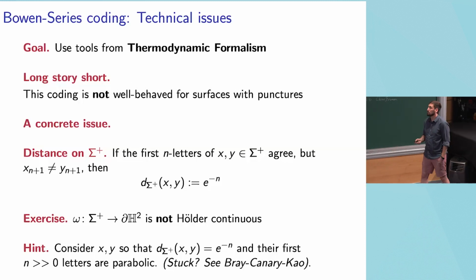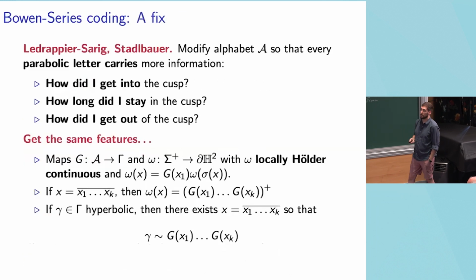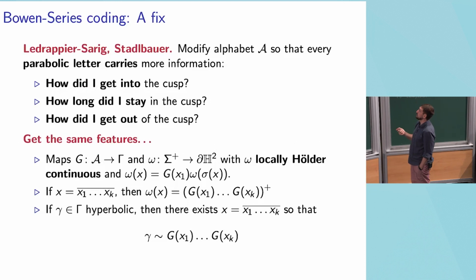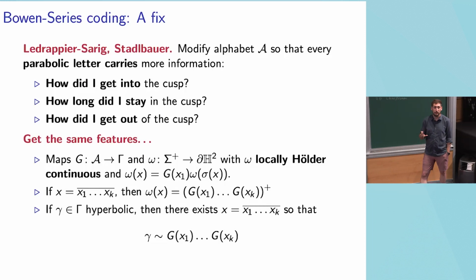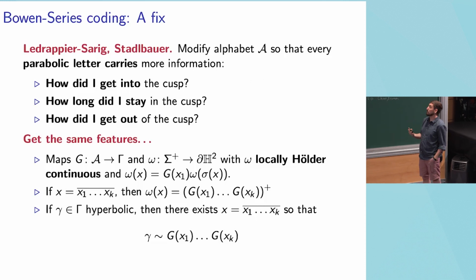Okay? So there are some issues, but there's also a fix. And this goes back to work of Ledrappier and Stratmann. The idea is that the problems come from the cusps. Okay? The problems come from the cusps.